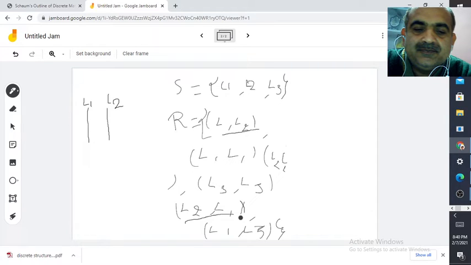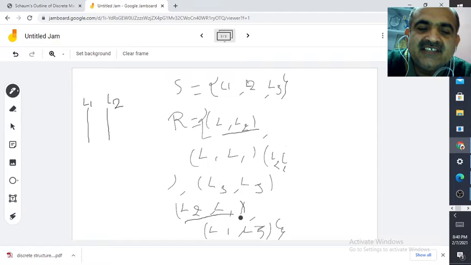First, we will see what is reflexive here. We have three lines here, L1, L2, L3. This ordered pair (L1, L1): definitely L1 is parallel to L1. L2 is parallel to L2. L3 is parallel to L3.